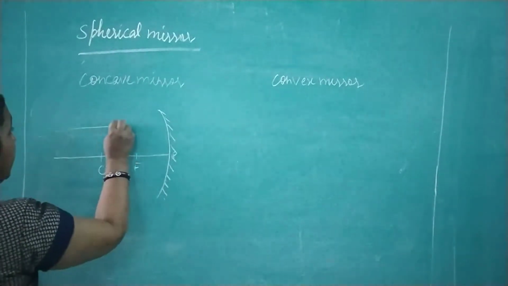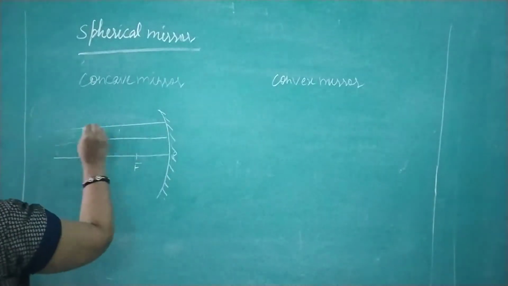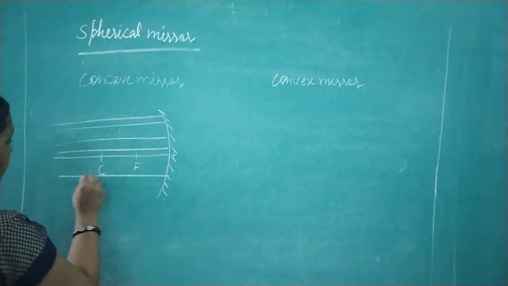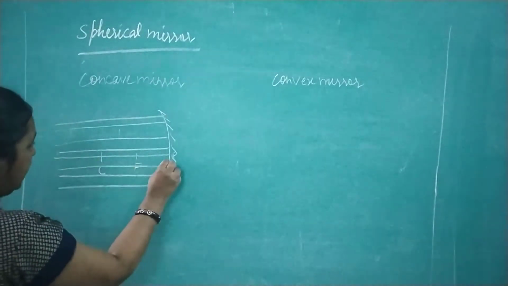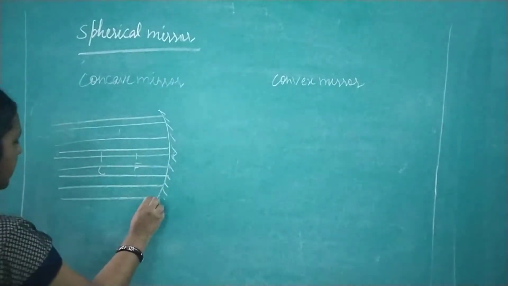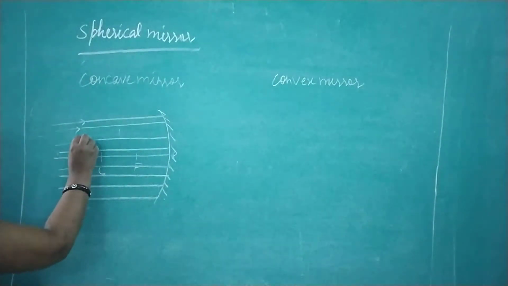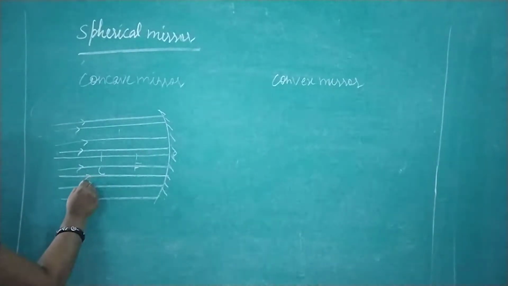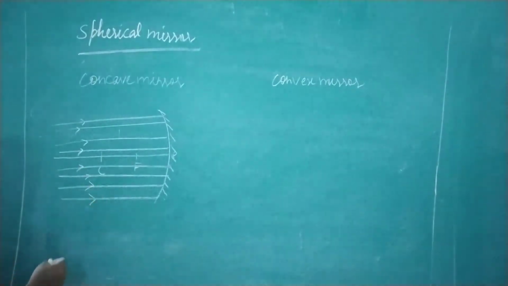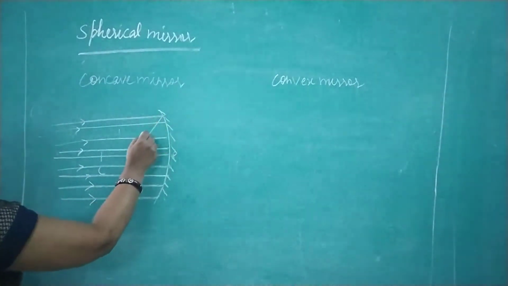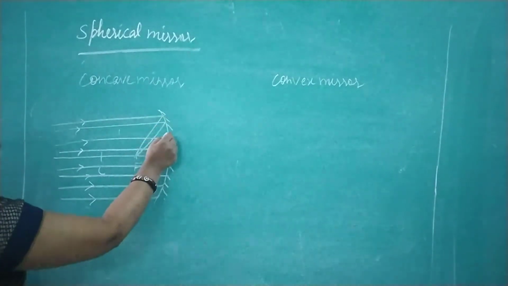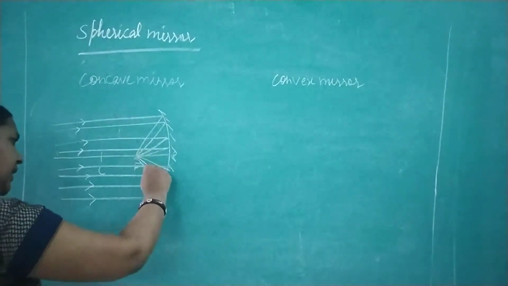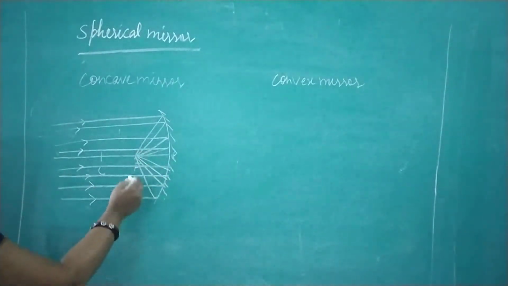A number of rays are coming from the sun like this. इसमें बीच में एरो लगाई है, principal axis है मेरी, that's why. And after striking they will meet at one point, and an image is formed on that point.